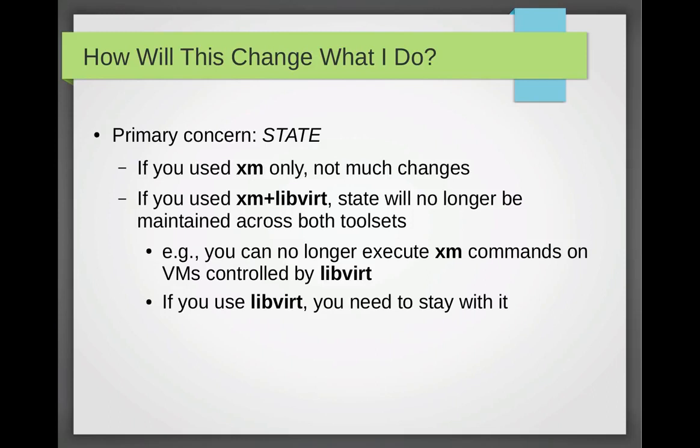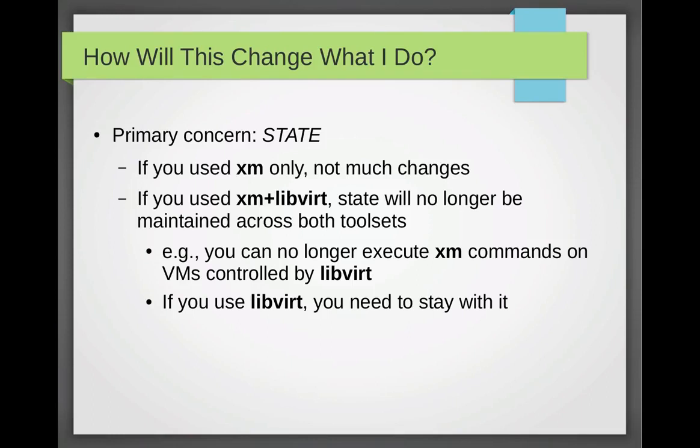Now, how is this going to change the way you deal with the world? Well, if you've been using XM only up until this point, it really doesn't change much at all. You just start using XL and you won't care. But if you were using XM and libvirt together, we need to realize that state won't be maintained across the two different tool sets. So if you use a libvirt tool to create a VM, you cannot then use XM, or in this case XL, to go in and make adjustments to that VM.